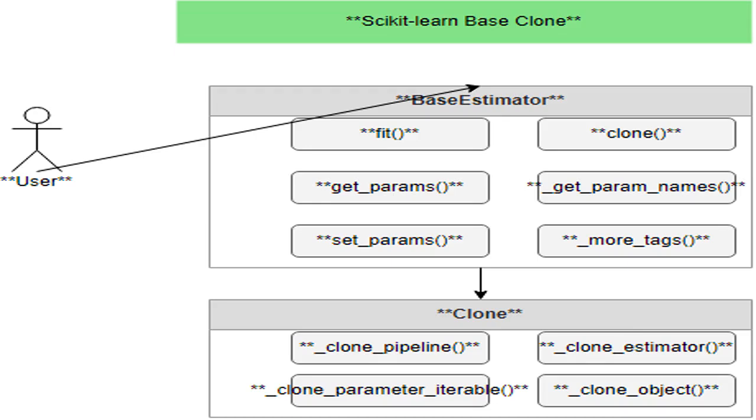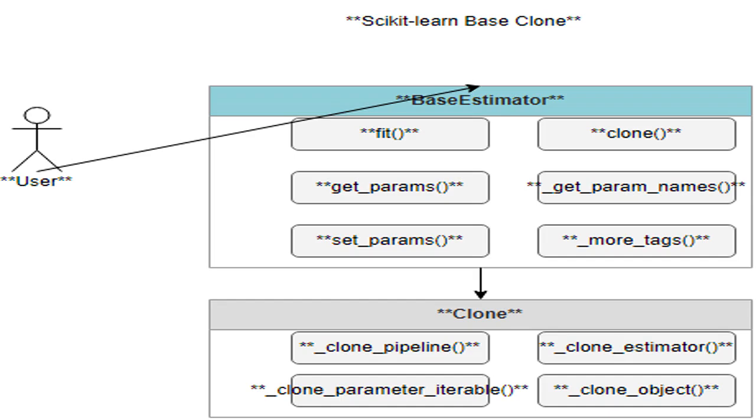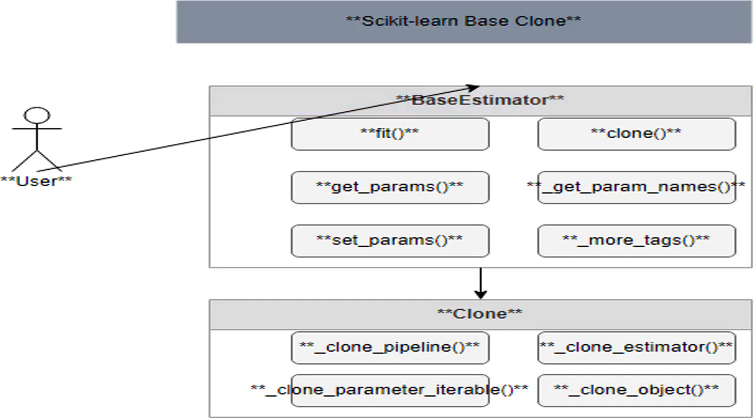Clone implements the core cloning logic for models and pipelines, handling different cloning scenarios by leveraging methods provided by base estimator. Base estimator uses methods provided by sklearn.base.clone, and the user of the sklearn library triggers cloning operations on models and pipelines.